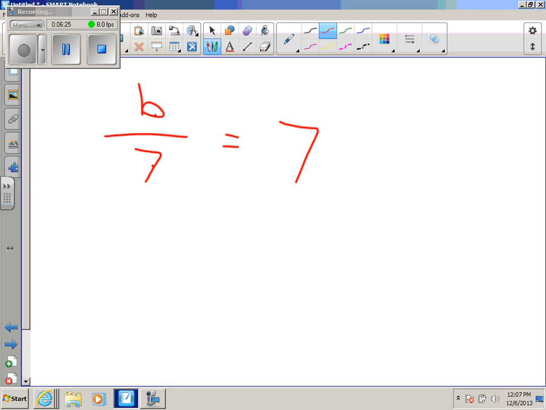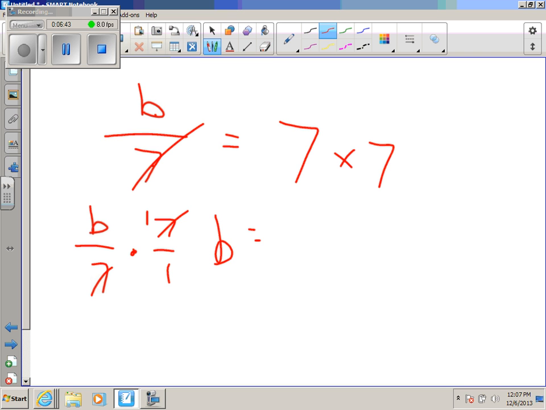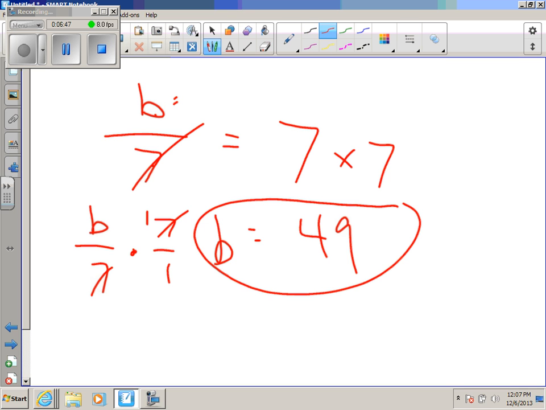B divided by 7. The opposite of divided by 7, multiplied by 7. That gets rid of this when you multiply this side by 7. B over 1 is equal to B. Therefore, we isolated B, 49. You can check it. 49 over 7 is equal to 7.